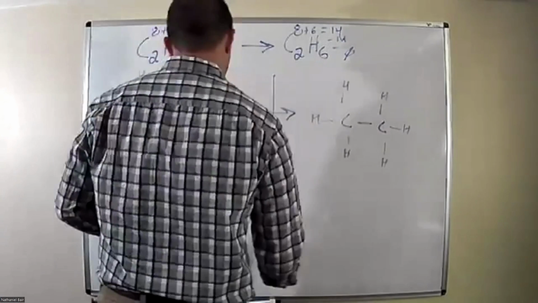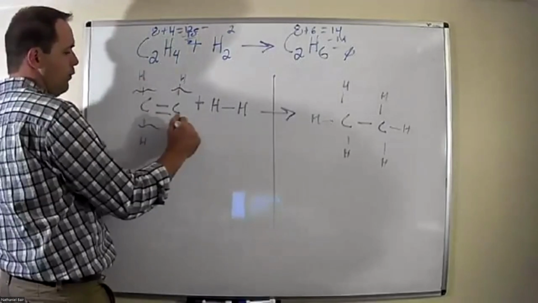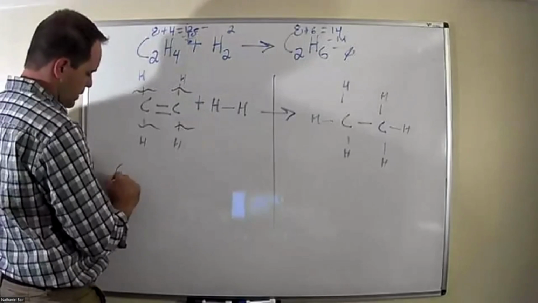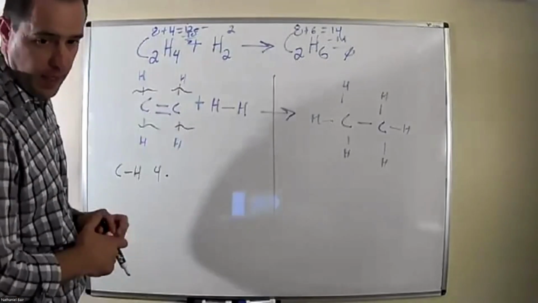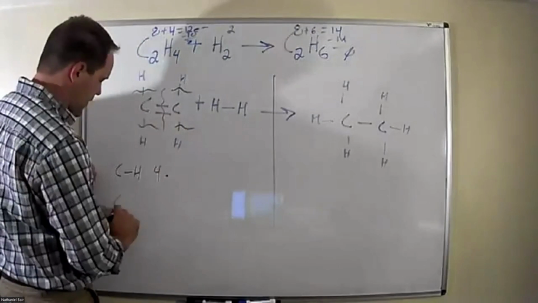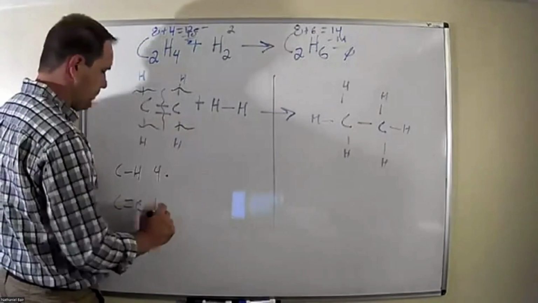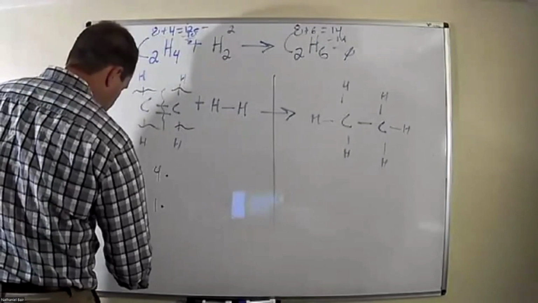Okay, so here we go. What am I going to be breaking in this molecule? I'm going to be breaking 4 C to H single bonds. So C to H single bonds, I'm going to be breaking 4 of them. We're going to look that up in a second. What else am I going to be breaking? I'm going to be breaking a C to C double bond, just one of those. And I'm going to be breaking an H to H single bond, just one of those.